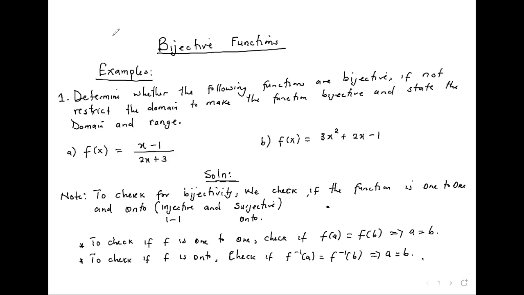So A is f of x is equal to x minus 1 over 2x plus 3. So we first check if it's one-to-one.